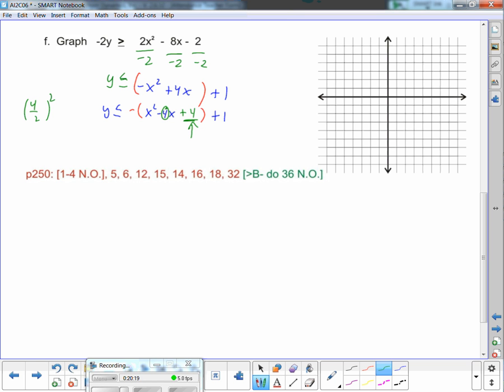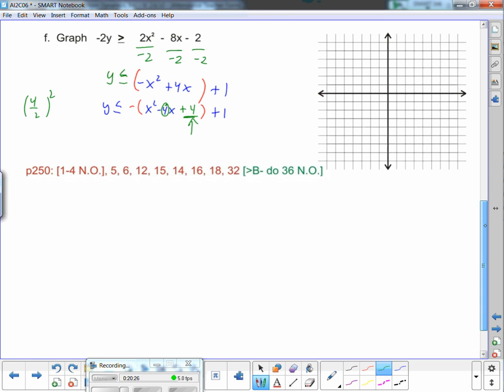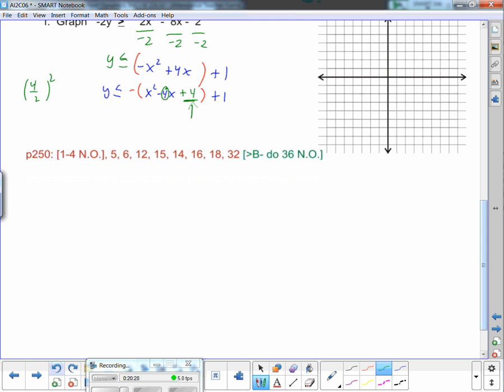Did I say negative? I don't see what you guys are saying. Okay. Hold on. You might be in the same place, just different terminology. Right there, we have a negative 4 inside the parentheses.